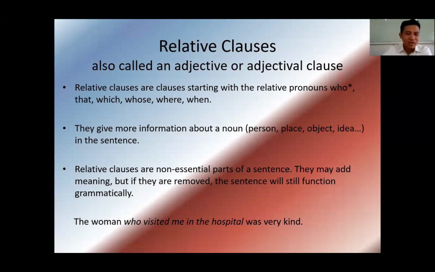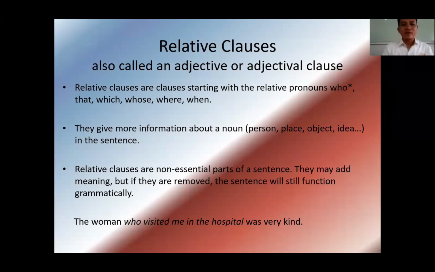Okay, so the next is the relative clause is a non-essential part of the sentence. Actually, relative clause is not really essential, because it can add meaning, but if it is removed, the sentence will still function grammatically.